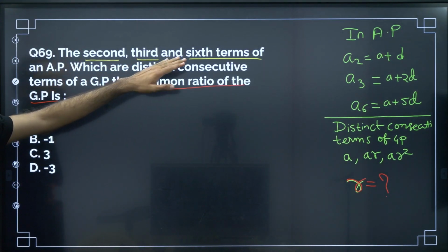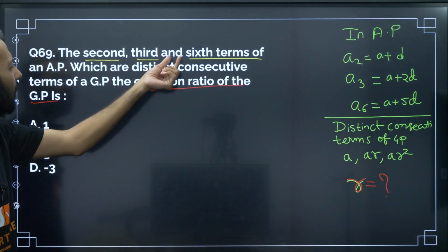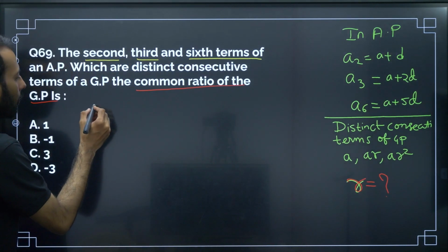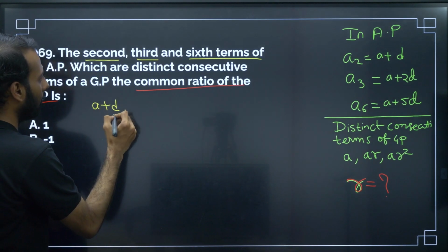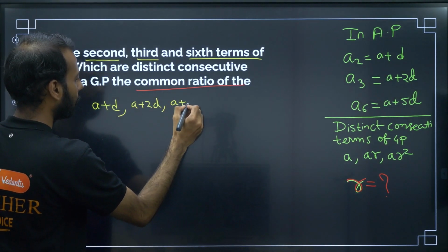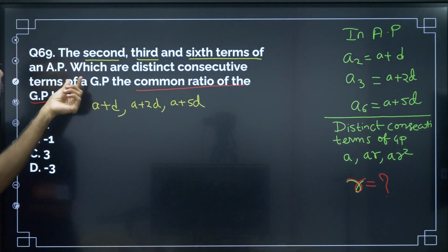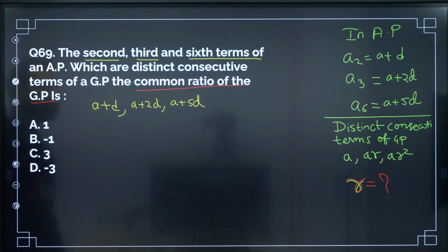Where is the question? The second, sixth, something they have given. We'll discuss now in detail. Second, third, and sixth term of an AP, so second is this, third is this, and sixth term is this, which are distinct consecutive terms of a GP.